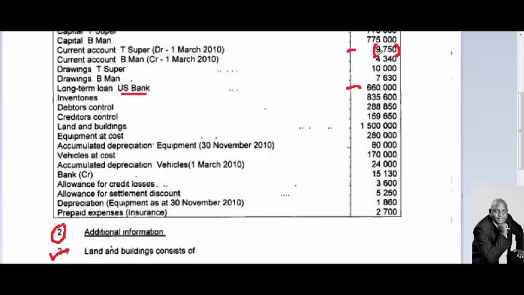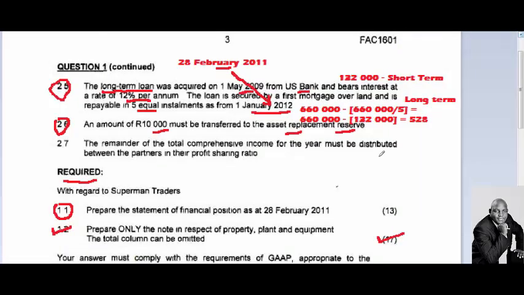It's a debit account, that means in his current account it was a negative. Okay, so let's go to our layout. So T Super, 9,750. Okay, and then we look at B-man.